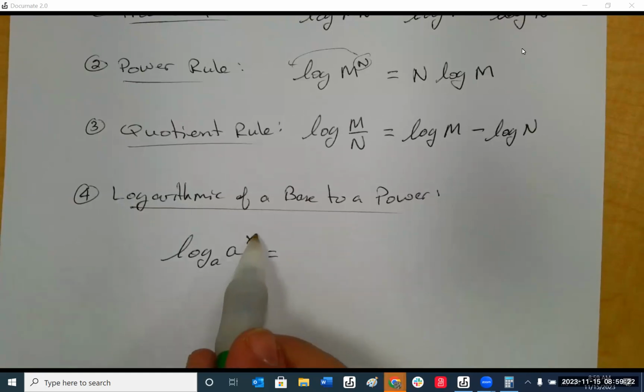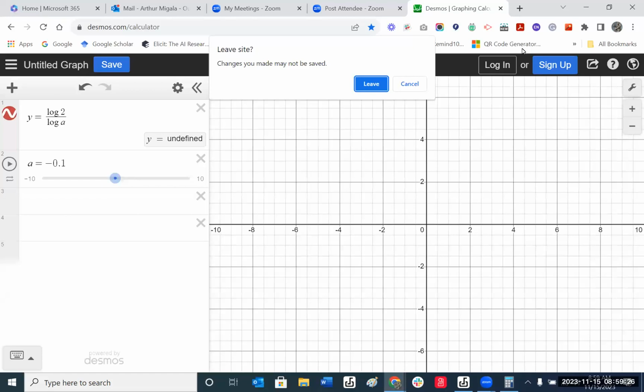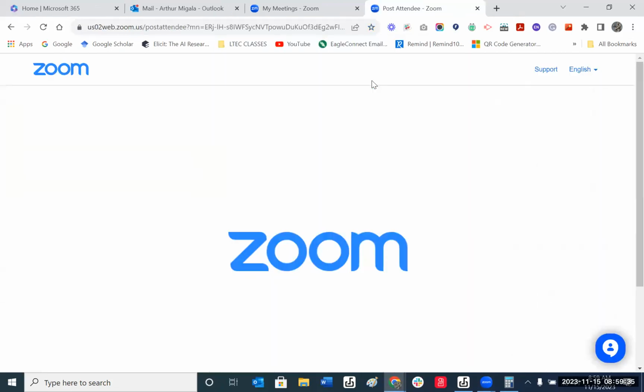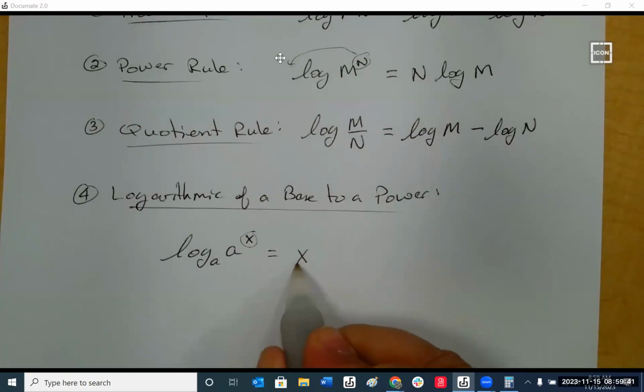First, we have the power rule. What happens to that x? Where does it go? Power rule says this exponent goes in front.